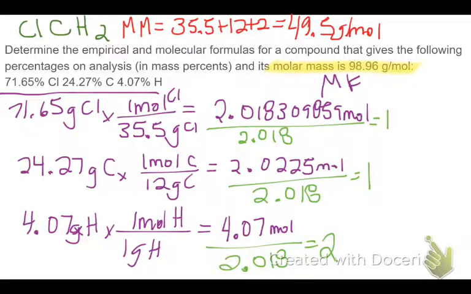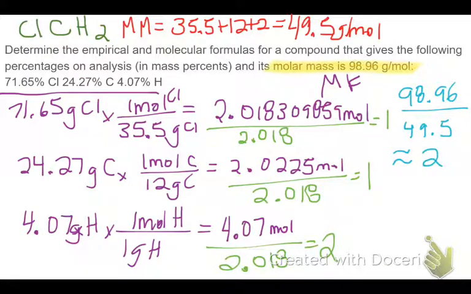And so we're going to divide those 2 molar masses to find the multiple to multiply the empirical formula by. I'll do that in blue off to the side. We take 98.96 divided by 49.5. So we're basically taking the molecular formula and dividing it by our empirical formula. And when we do that, we end up with approximately 2.